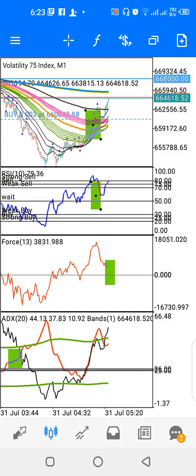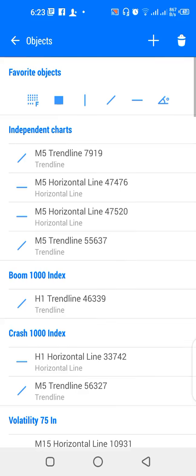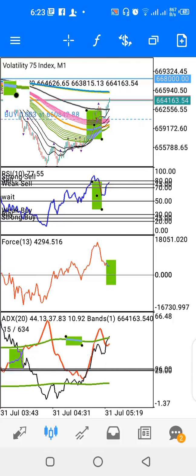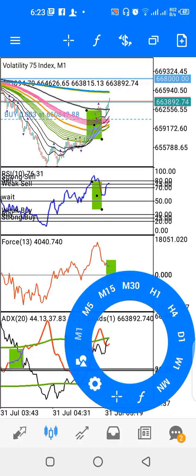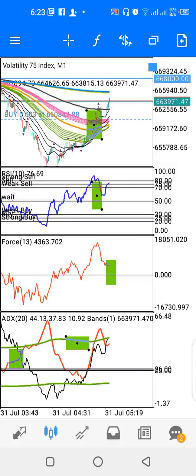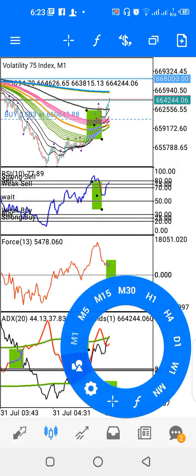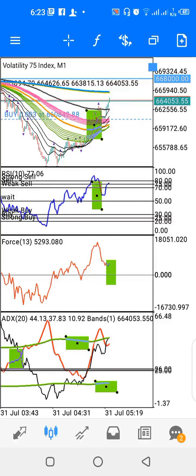You have the black line crossing above the red line, also crossing above the midpoint of the envelope. This is the upper envelope, and this is the lower envelope band. So you see the black line crossing above the red line at the midpoint.